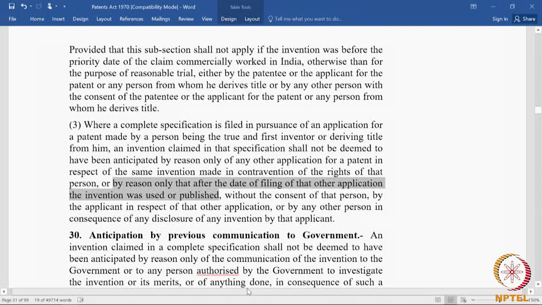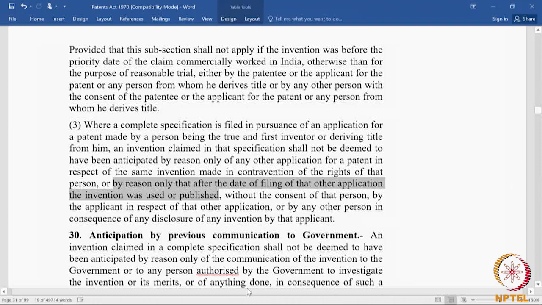You understand? That publication or use of the invention was without my consent. So, these things could happen in businesses, or competitors could do this. They will file an application and quickly disclose it, and later on try to use that as prior art to kill the novelty of their competitors' invention.